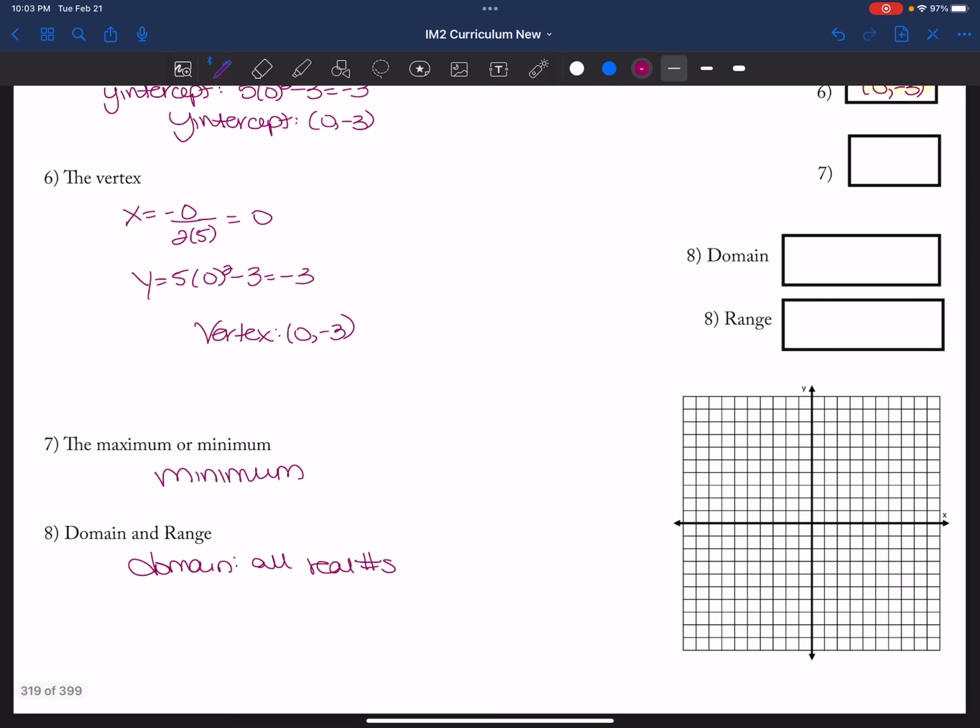And then my range is going to be higher than my y value for the vertex. So y has to be greater than or equal to negative 3. Okay, so now minimum.